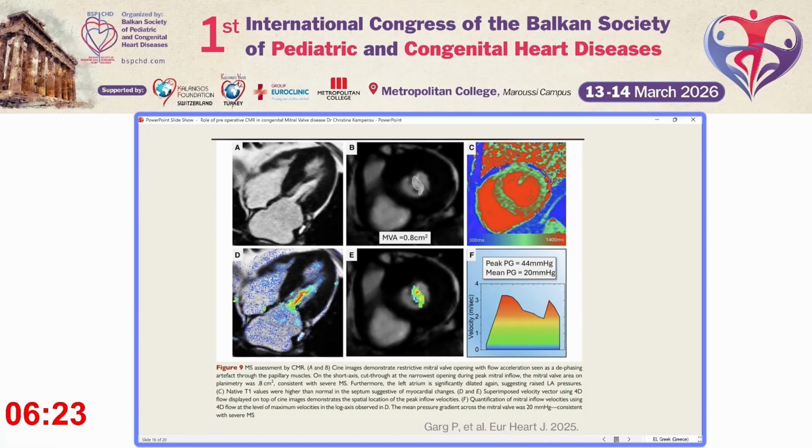Direct planimetry on the short axis measures a mitral valve area of 0.8 square centimeters, consistent with severe stenosis. 4D flow visualization identifies the location of the peak flow and acceleration across the valve and allows quantification of transmitral velocities, yielding a peak gradient of 44 millimeters of mercury and a mean gradient of 20, confirming hemodynamically severe mitral valve stenosis.